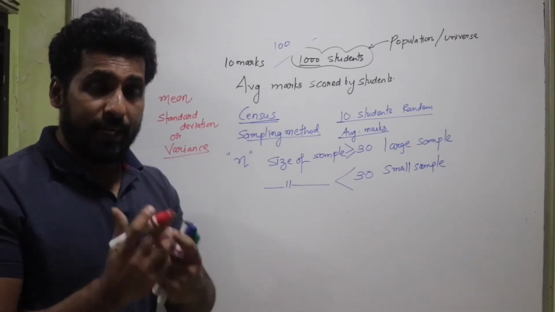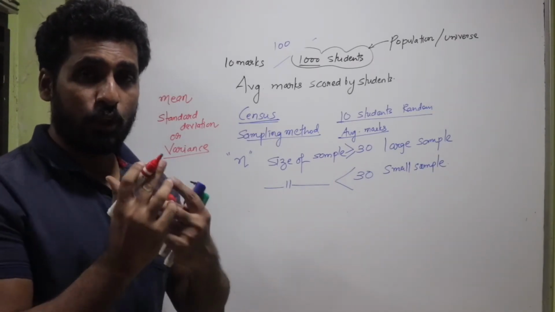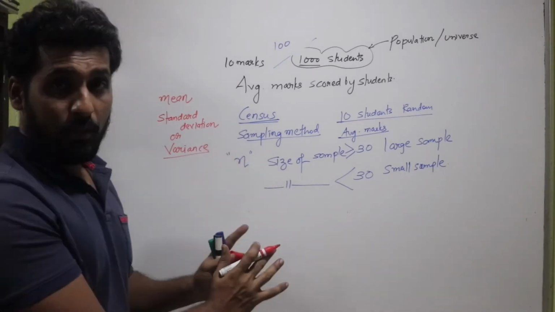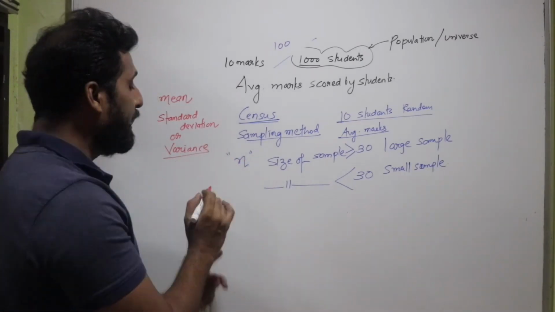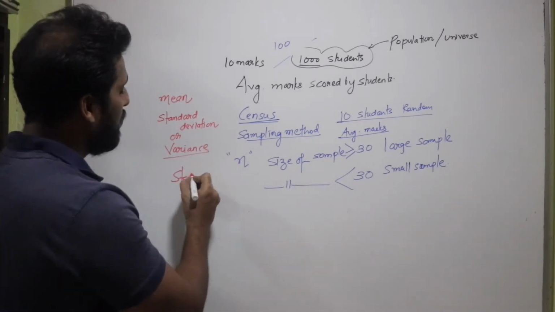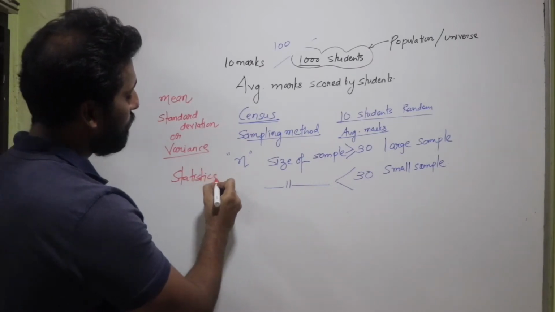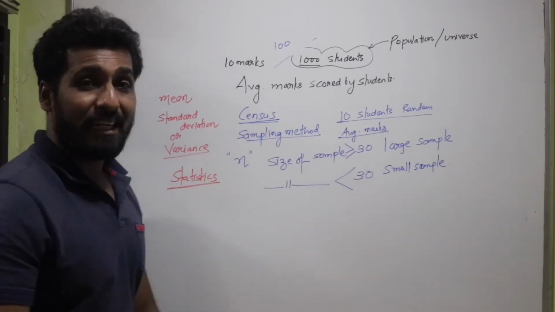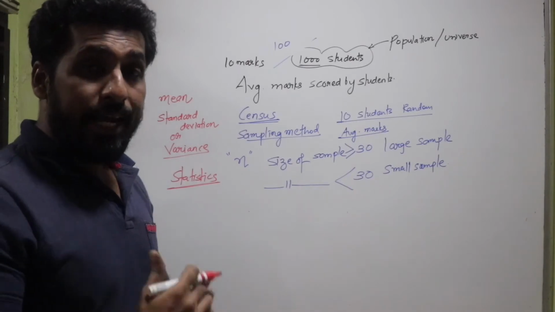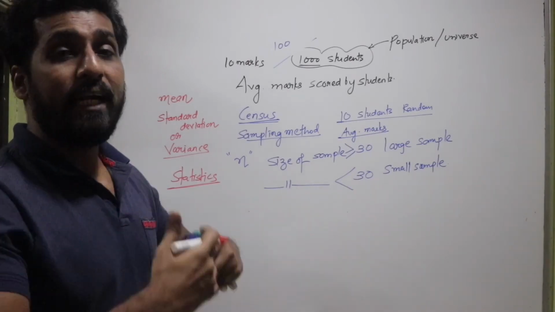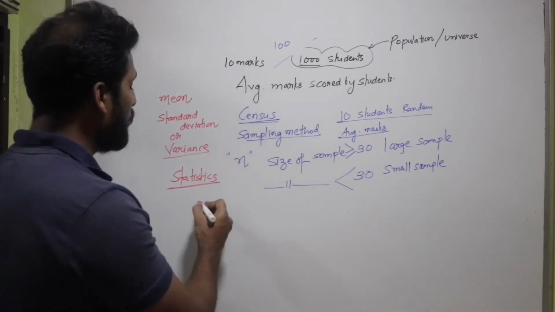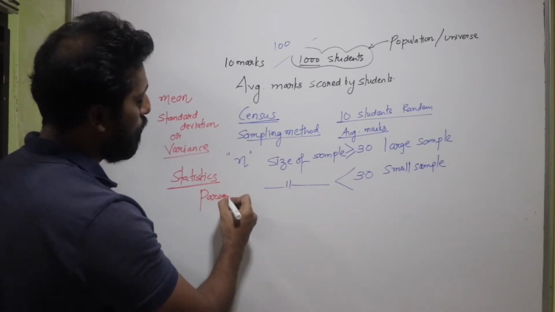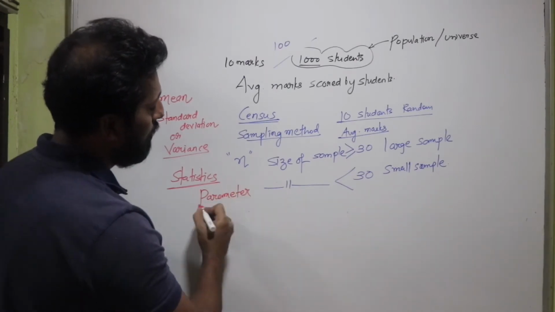So if I get the statistical characteristics of the sample, it is called a statistic. And then if it is scaled up for the entire population, then it is called a parameter.